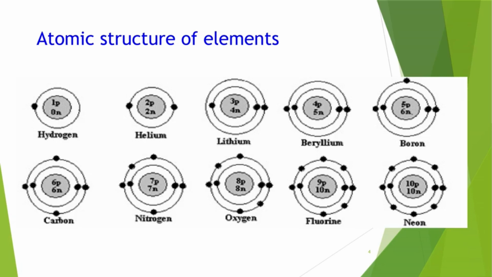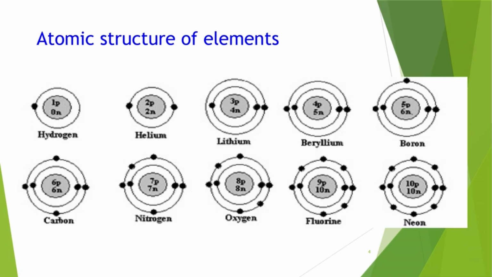In that way, nitrogen, oxygen, fluorine and neon. In neon, 8 electrons are there, completely filled. The second shell capacity is 8, so it is filled. We will study later what is special about neon.